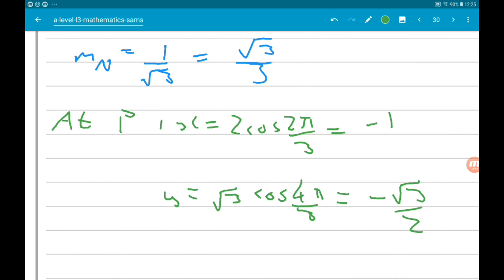Okay, so I'm going to use y minus y1 is equal to m times x minus x1.